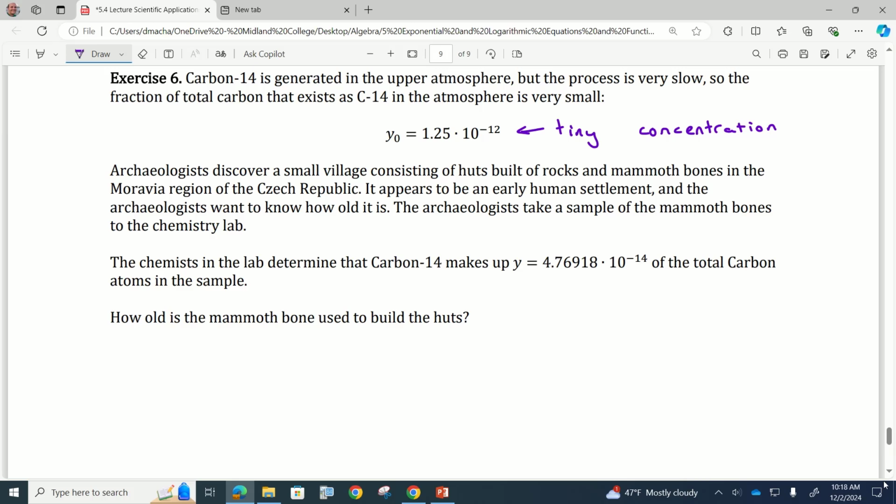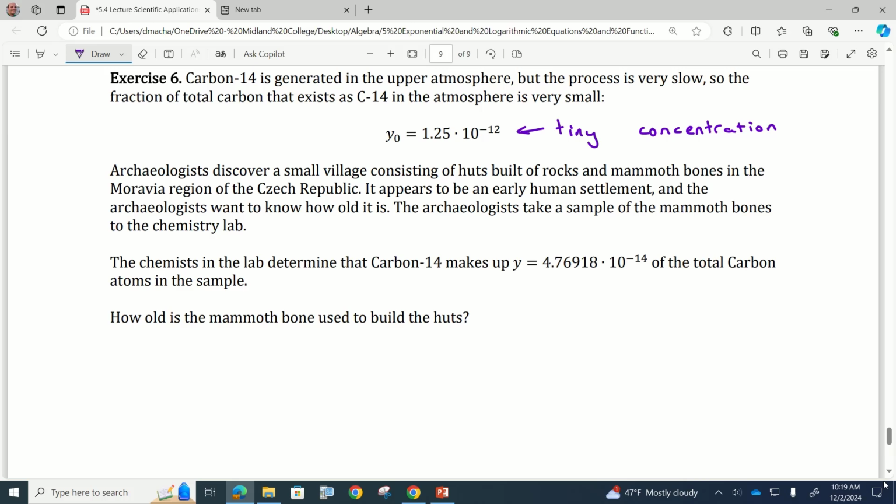So, true story, archaeologists are messing around in the Czech Republic and they find a small village that seems like an early human settlement. It seems like hunter-gatherer days, right? Like before the agricultural revolution. Clearly they're humans because they're using tools and stuff and they're building tents. But they're not building subways and power stations and stuff.